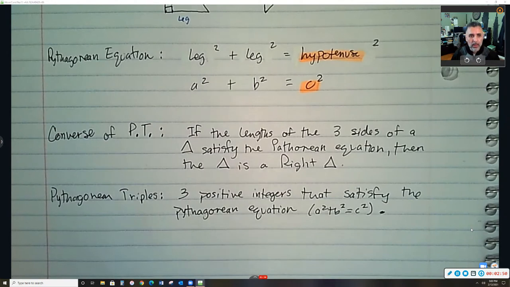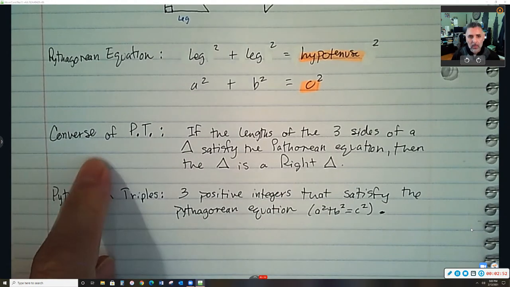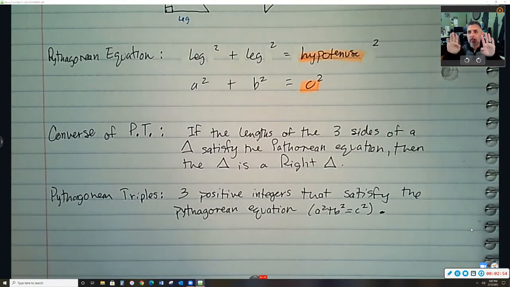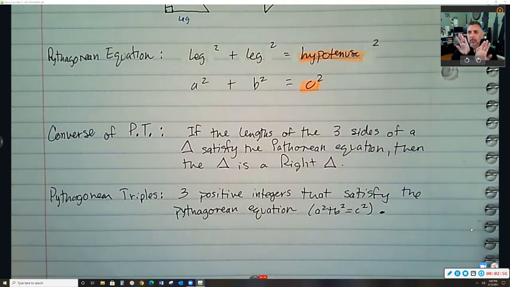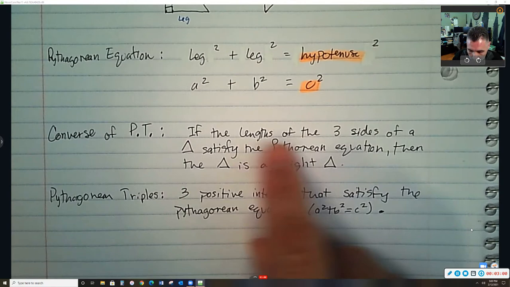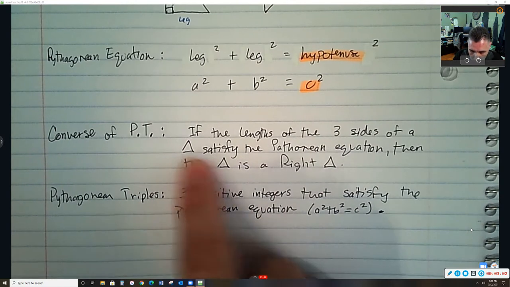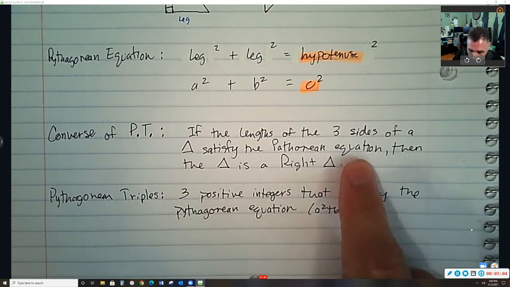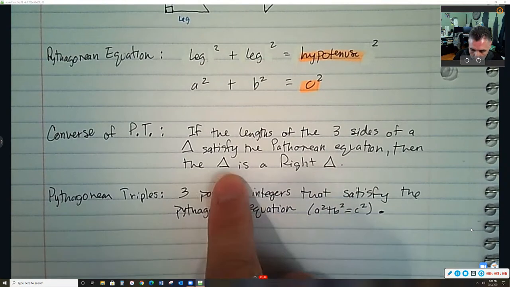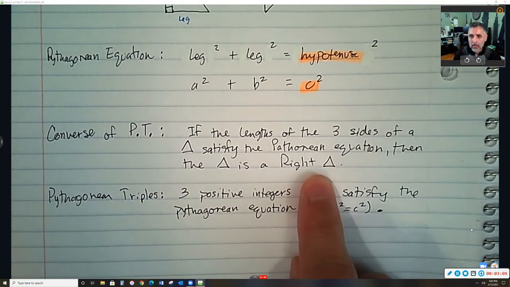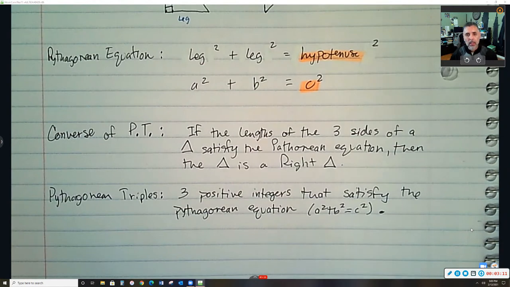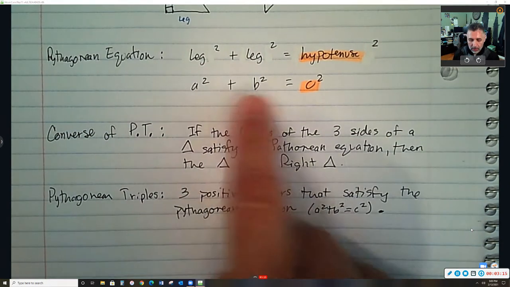This is the rest of it. This is the converse of the Pythagorean theorem. Remember, in the converse, we switch the hypothesis with the conclusion in the statement. So this one says, if the lengths of the three sides of a triangle satisfy the Pythagorean equation, then the triangle is a right triangle. They do have a special name for numbers that satisfy this equation.